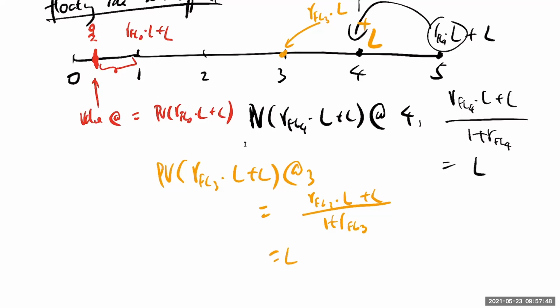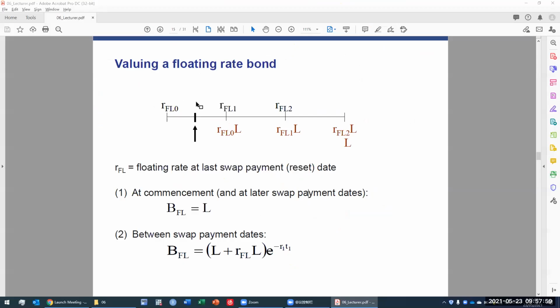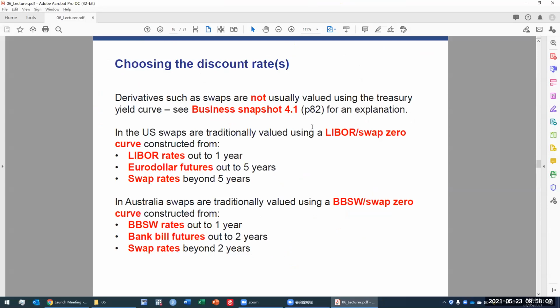All right. While we're here, let's quickly go through the rest of the swaps. Choosing the discount rate: in the US people use LIBOR.